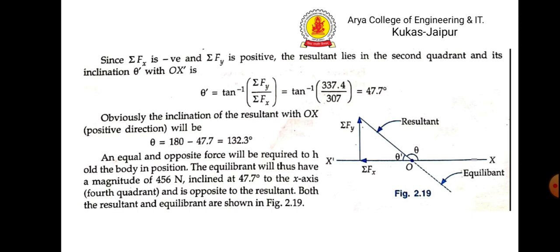Okay, so the inclination of the resultant with the OX will be equal to 180 minus 47.7, that is 132.3 degrees. And suppose in the problem they ask to also find the equilibrium force, then the equilibrium force will be equal and opposite force to your resultant. Okay, so that's all. Thank you.